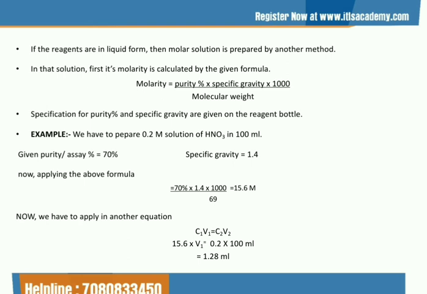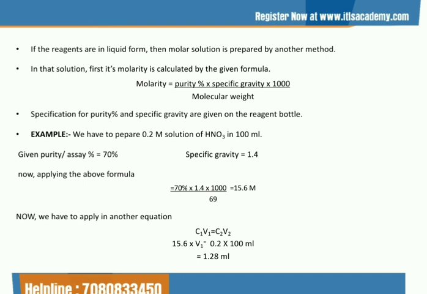Here is an example. We have to prepare a 0.2 molar solution of HNO3 in 100 ml. Given purity is 70%, specific gravity is 1.4.